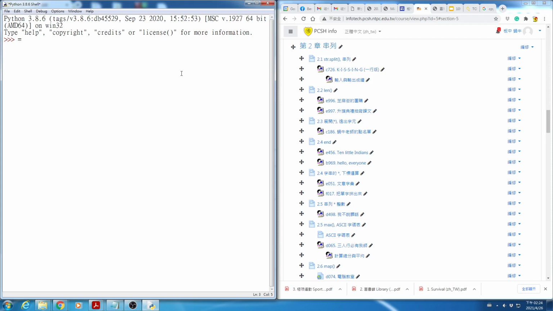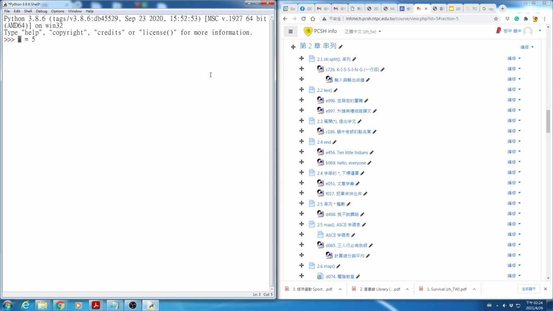Like, if you have a is equal to 5, what does it do? It will assign the value of 5 to the variable a, and the value of a will become 5. Is that okay with you?